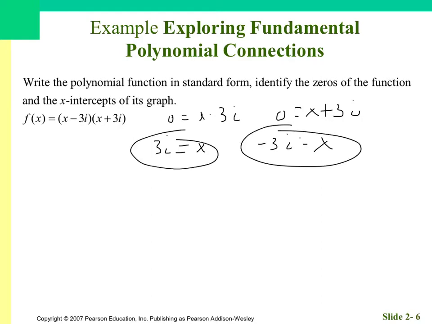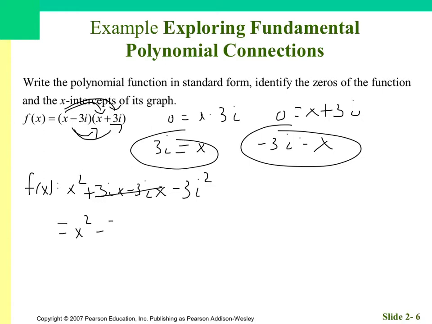And now we have to multiply it out. So f of x equals x squared plus 3ix minus 3ix minus 9i squared. Those cancel out.